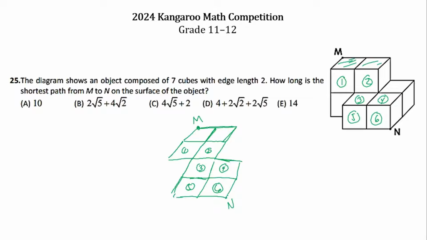Now, if we connect the 2 points, we actually get the shortest distance between points M and N. So how are we going to compute that? Take note that we can actually create a right triangle.